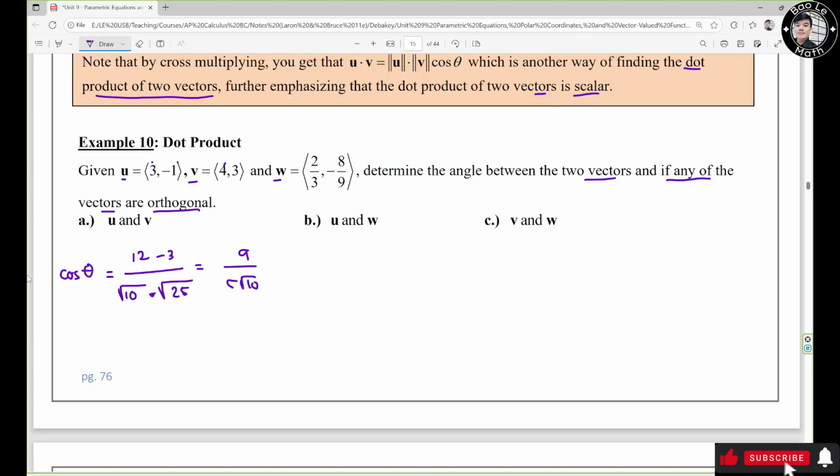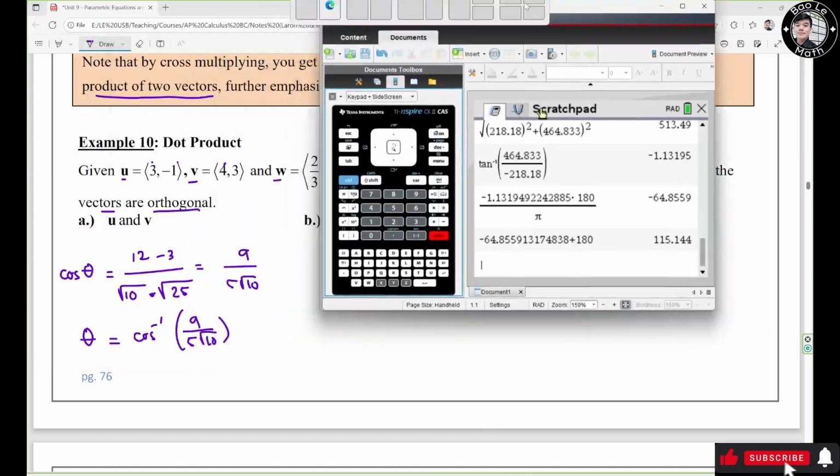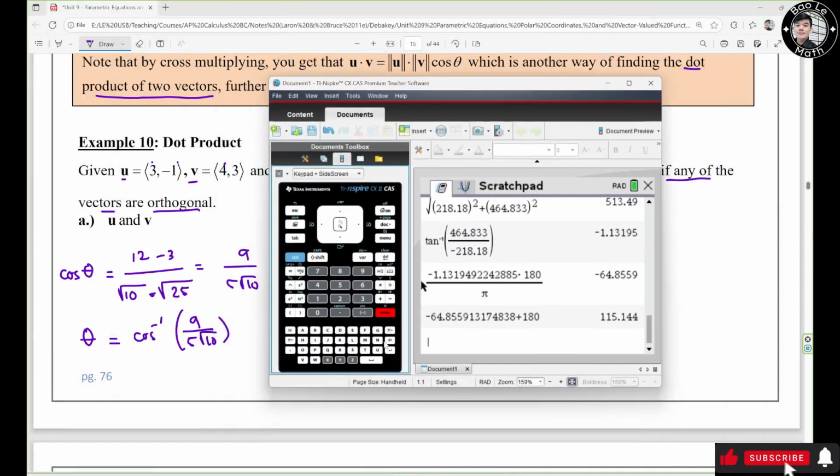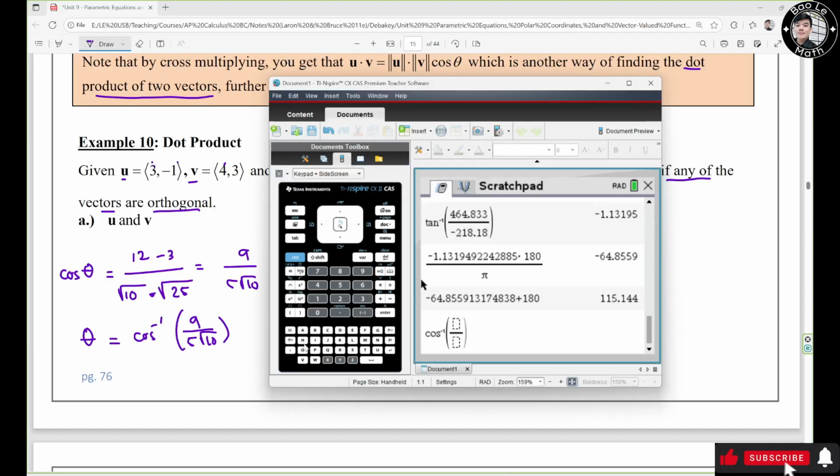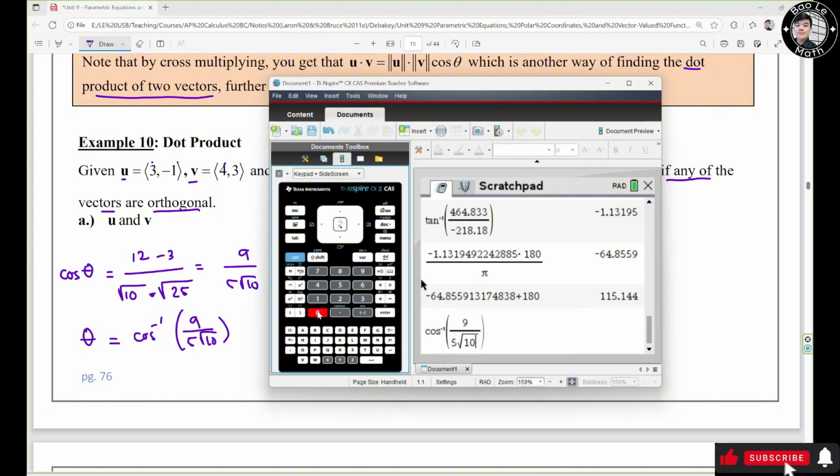So I'm going to take inverse cosine of both sides, right? So I have angle theta equals inverse cosine of 9 over 5 root 10, right? I'm going to bring up the calculator. Alright, so I'm going to press trig right here, inverse cosine, press the fraction right here, and then you input 9 over 5 root 10.